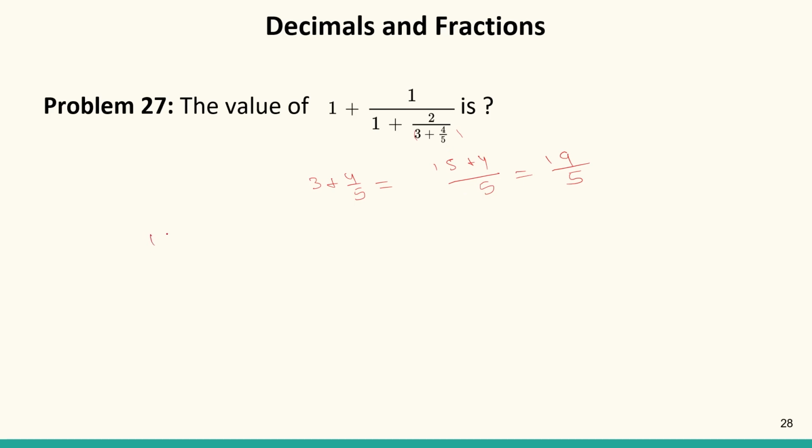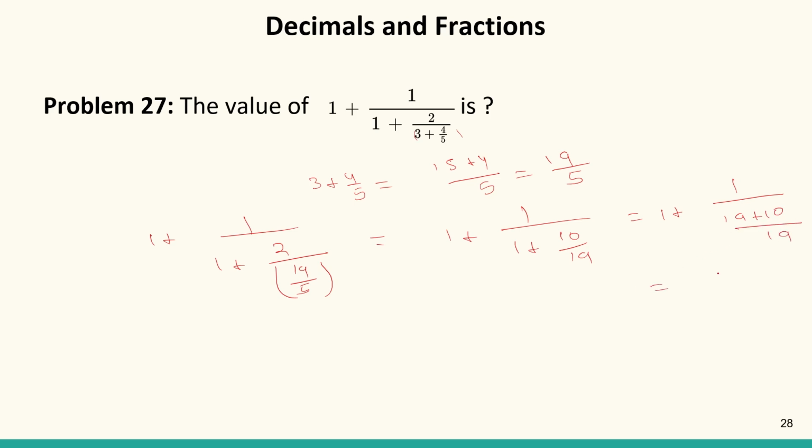So 1 plus 1 by 1 plus 2 by 19 by 5. So this is equal to 1 plus 1 by 1 plus 10 by 19, since 5 into 2 is 10. This will be equal to 1 plus 1 by (19 plus 10) whole by 19.